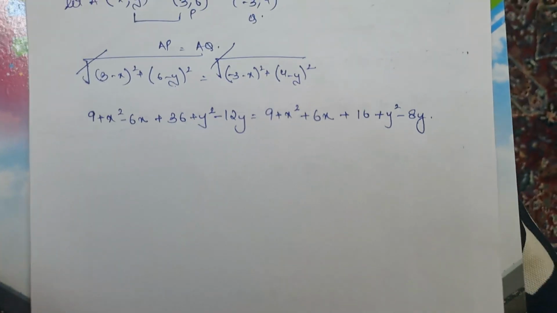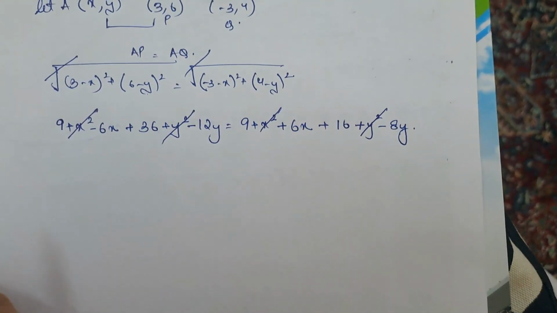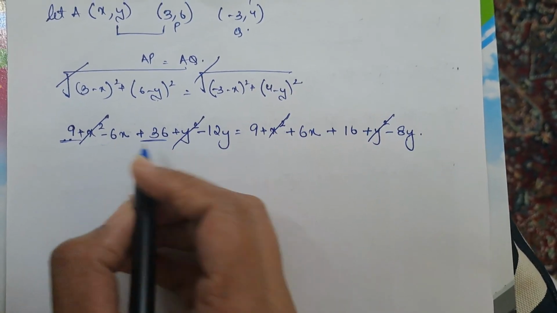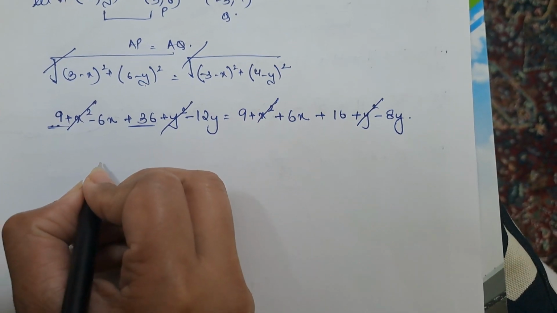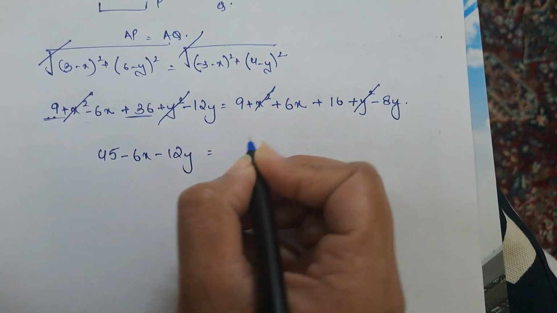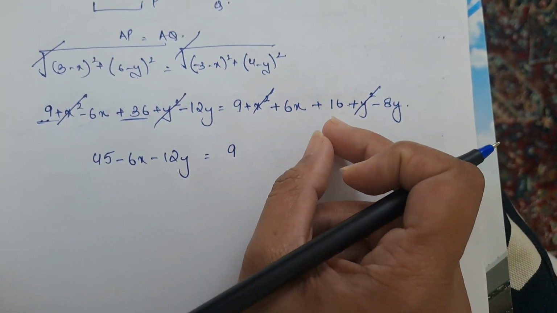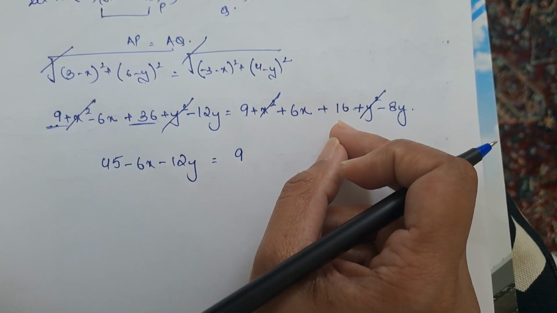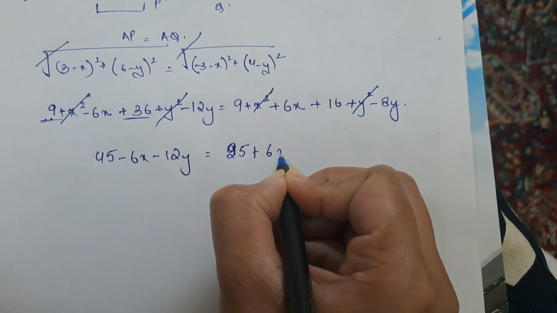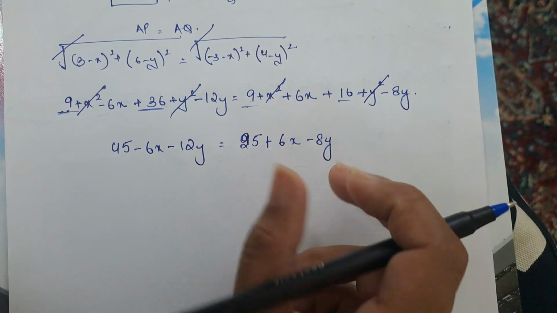Then y square will get cancelled, x square will get cancelled. Adding all the numbers here, that becomes 45 minus 6x minus 12y is equal to 9 plus 25 plus 6x minus 8y. Adding these, this is what I get.